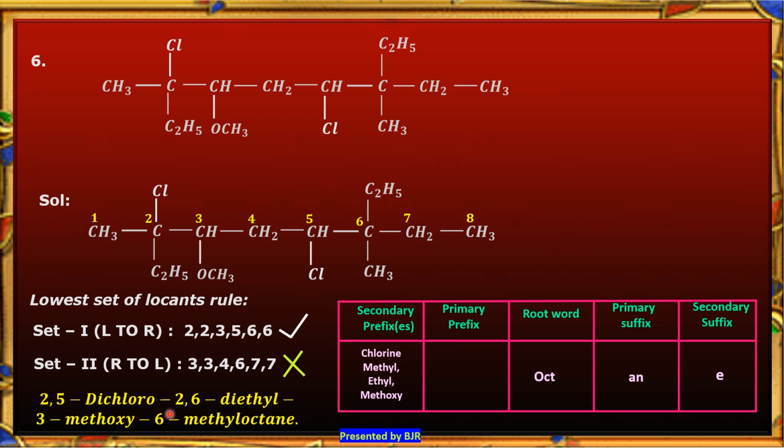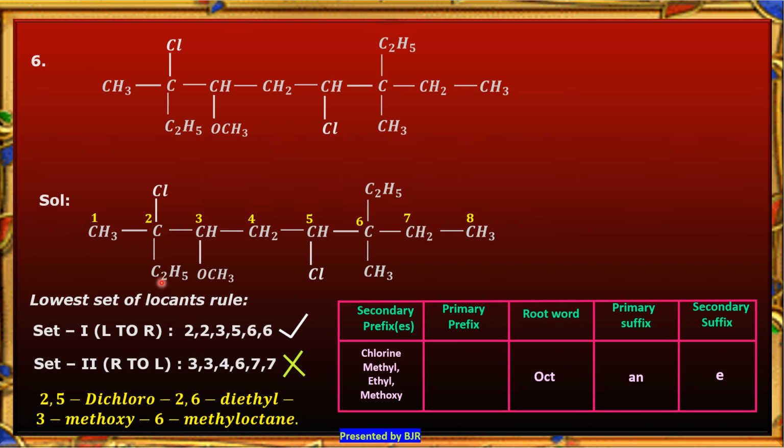2,5-dichloro, because I have written these names, that is substituents, as per the alphabetical order. So 2,5, see here, chlorine is there at the second carbon and on the fifth carbon. 2,5-dichloro. Next, ethyl will come.